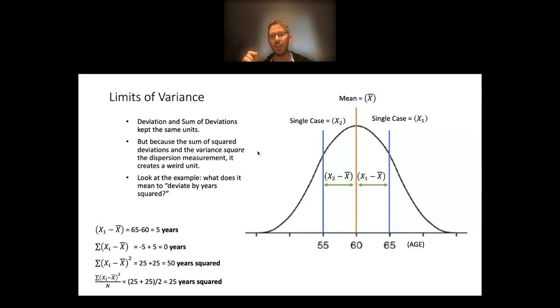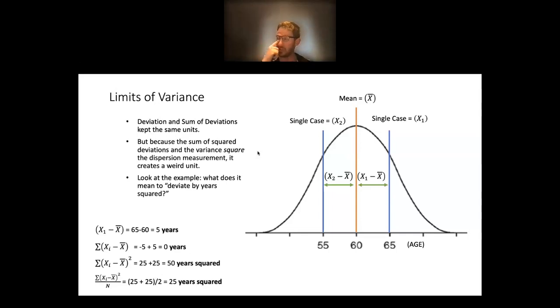So when you take x1 minus x bar, you are taking 65 years minus 60 years, and your deviance is 5 years. When you're doing the sum, again you're taking the -5 plus 5 years, and that equals 0 years.